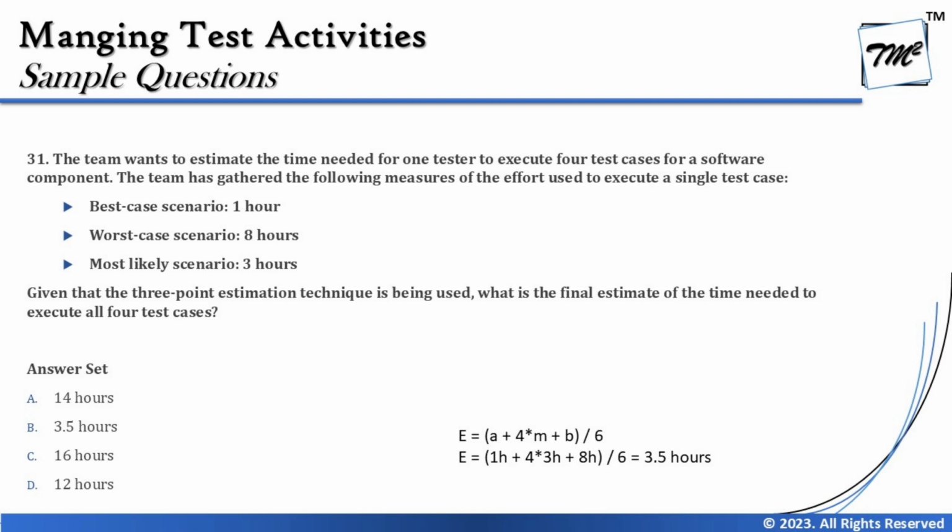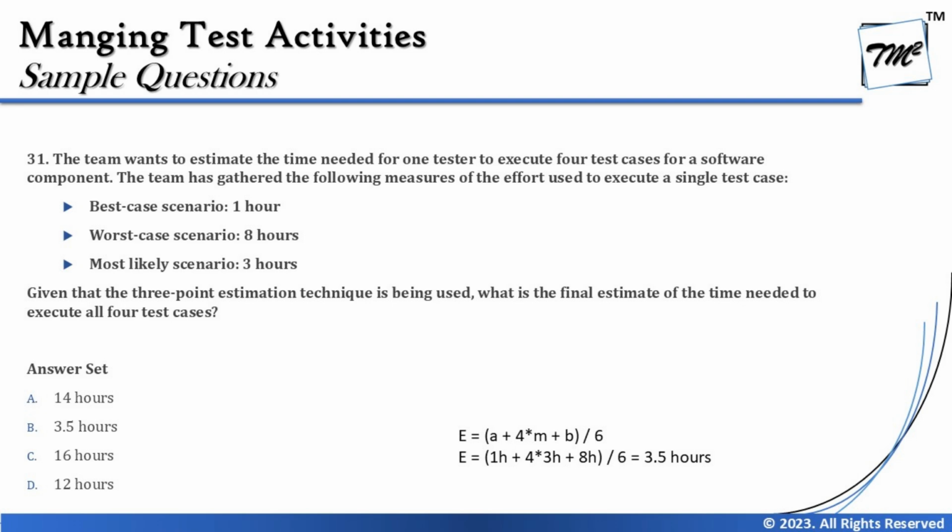So I can take each one of them respectively. Putting in the values, best estimate I have is 1 hour, so A is 1, 4 times the 3 hours, and then B as the 8 hours. If I do this calculation, 4 into 3 is 12, 12 plus 8 is 20, plus 1 is 21, divided by 6, you will get 3.5 hours.